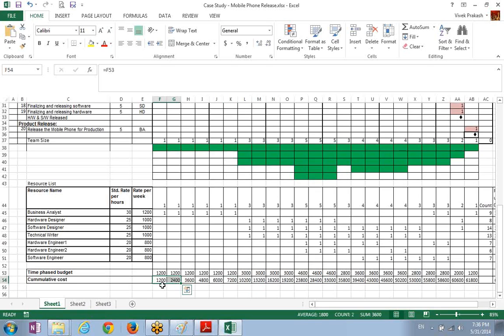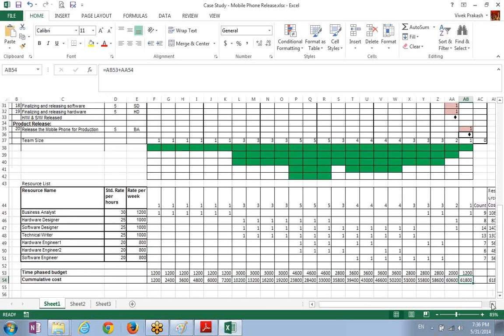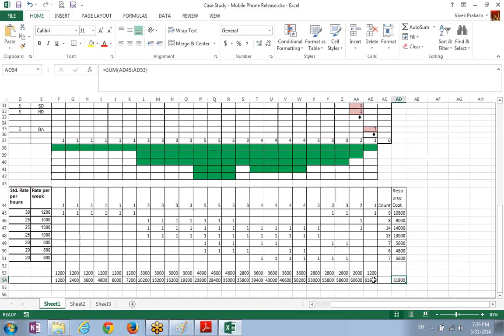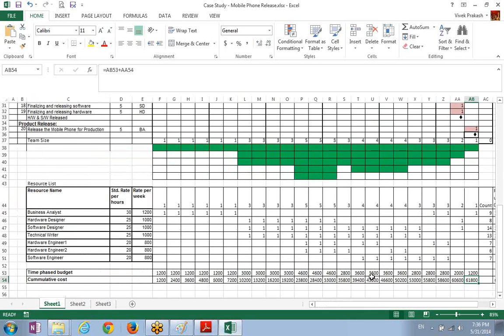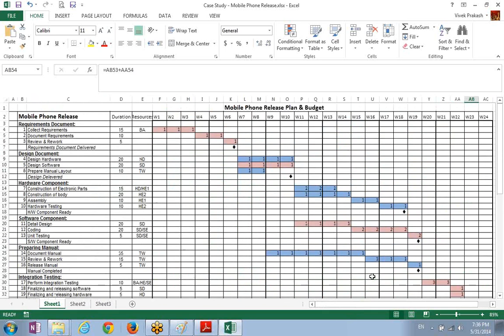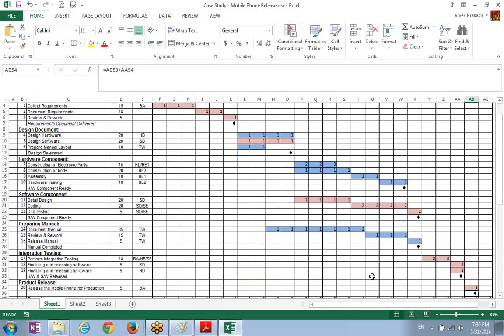This plus this plus this is this, this plus this is this, and so it keeps increasing, and that is the total cost of the project. So this Excel sheet for this particular case study gives you scope, time and cost completely.